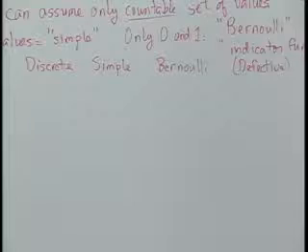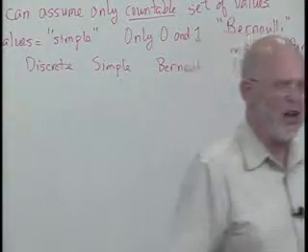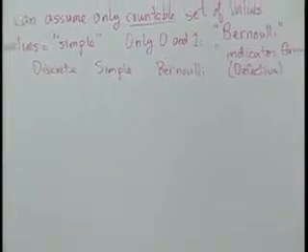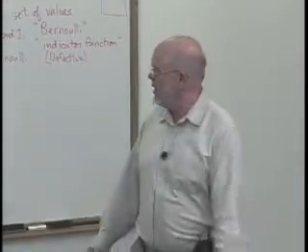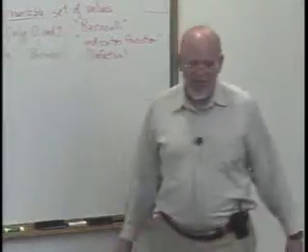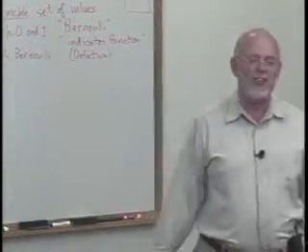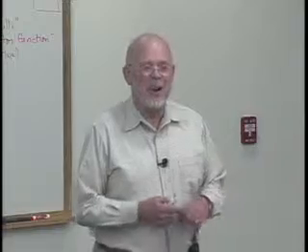is the number of aces in a bridge hand. You pick up your bridge hand and you look, oh, I've got 3 aces, I've got no aces, I've got 1 ace. That's a random variable because the sample space is the set of all possible 13 card bridge hands, and the random variable is the function that takes a hand and converts it to just one number, the number of aces in a hand.